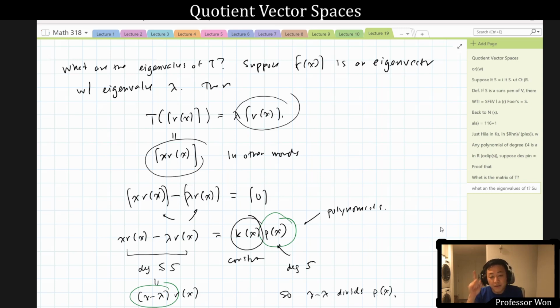In other words, every eigenvalue of A is a root of P. But now there are 5 eigenvalues of A, and P has 5 roots, and so the eigenvalues of A must be exactly the roots of P. And this is the real reason why the companion matrix has the same eigenvalues as the roots of the polynomial. Because it's really the matrix of a really nice transformation from the quotient space to itself.